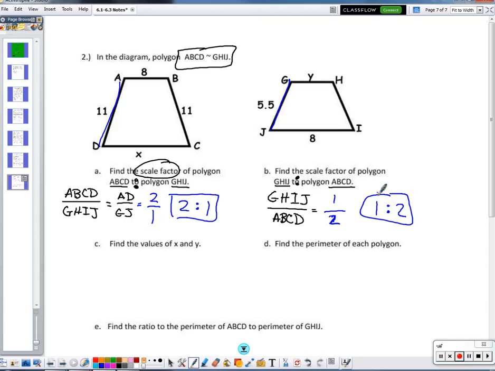So here's x. They want me to find the value of x. What side corresponds to CD on the other polygon? IJ. So if they're the same corresponding sides, their ratio, x over 8, would have to be equal to what ratio for the two quadrilaterals? x over 8, big over small, 2 over 1.